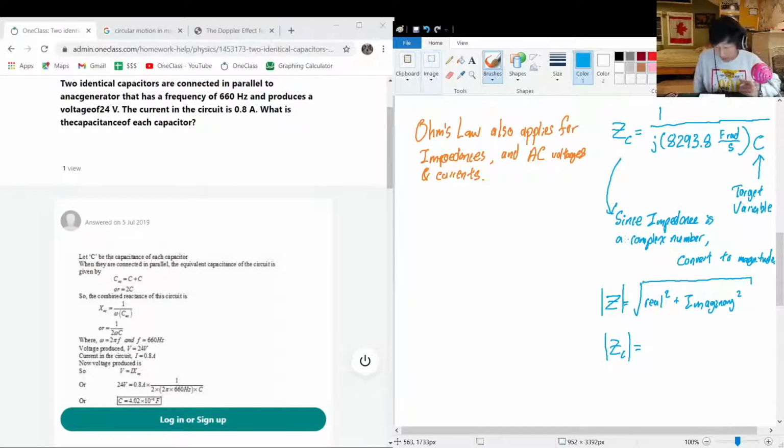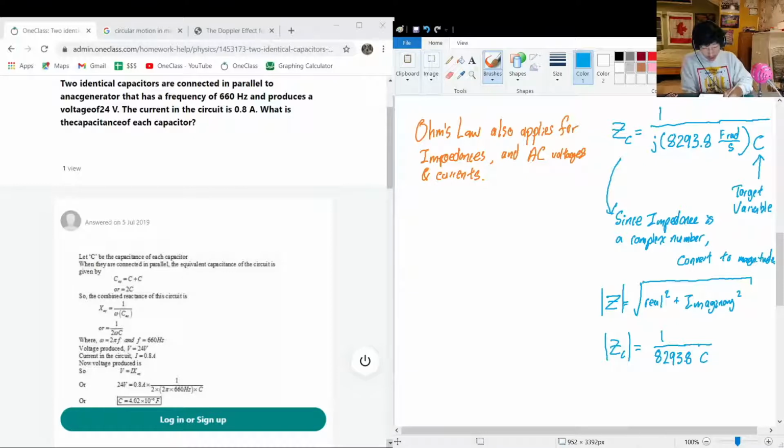You actually don't want to use j at all in that calculation. You just take the term associated with j. So in this case, this is really just going to be 1 over 8,293.8 C.